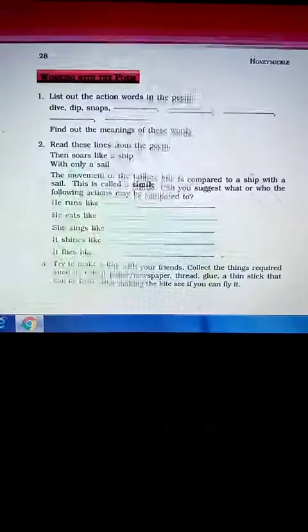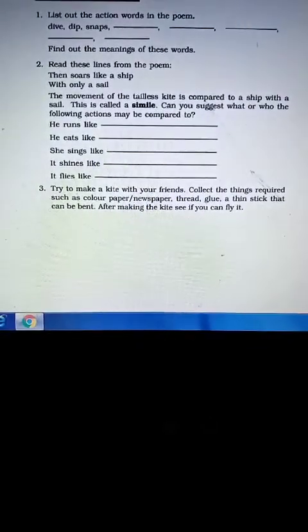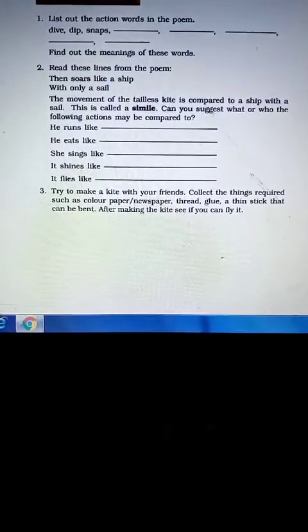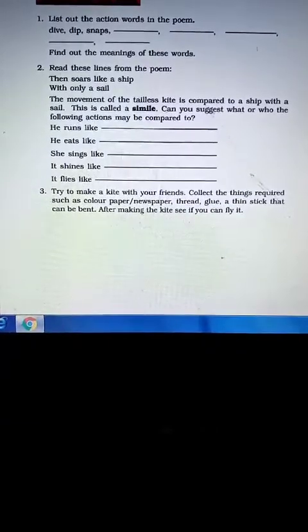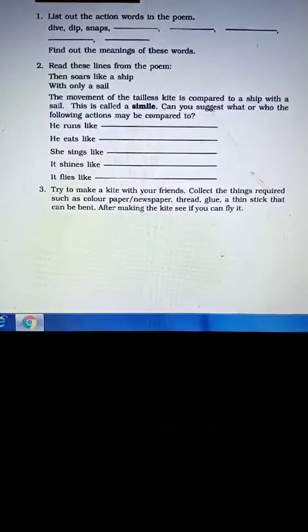Now let us read out the next part. Children, we have seen that there were lines in the poem. Stanza 3, we had, read those lines from the poem. This is stanza 3. Then soars like a ship with only a sail.